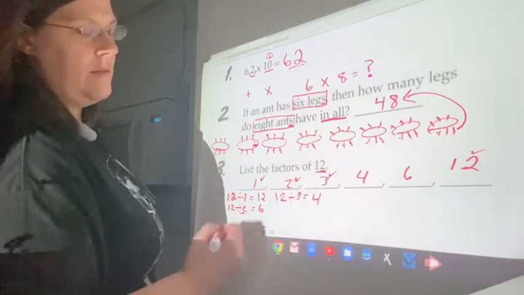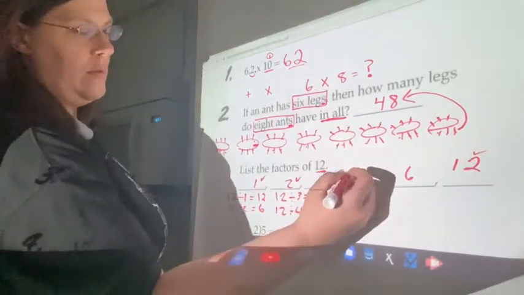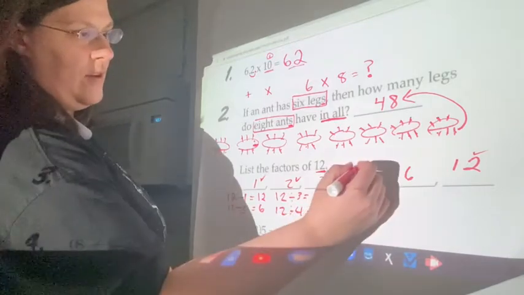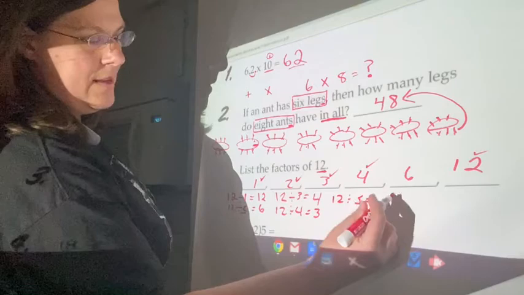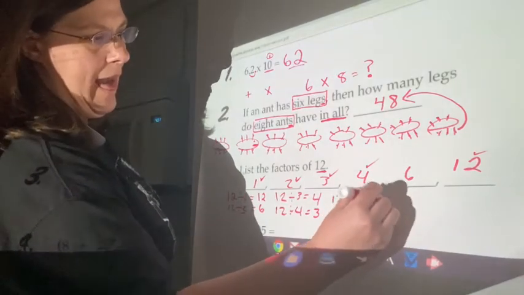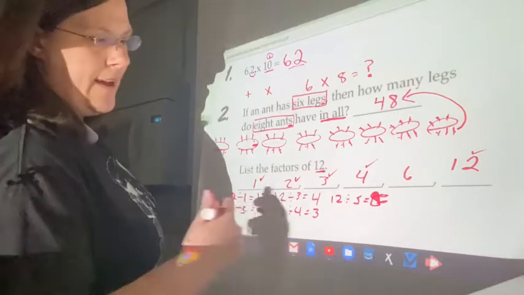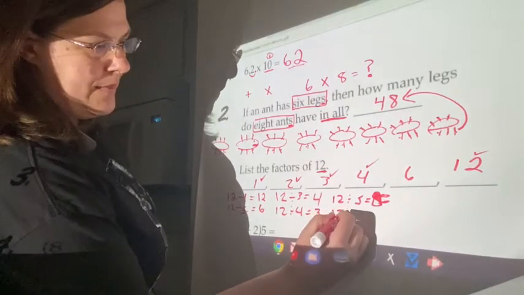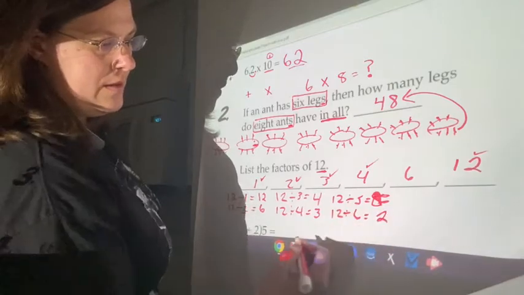That's even, so got it. Then 12 divided by 4 equals 3. Got it. 12 divided by 5 is a mess because it has all types of decimals. That's not a factor. Then 12 divided by 6 equals 2.